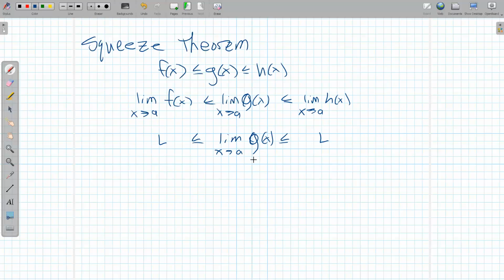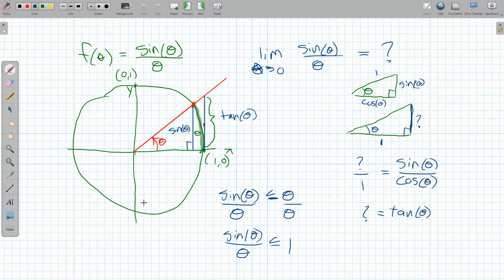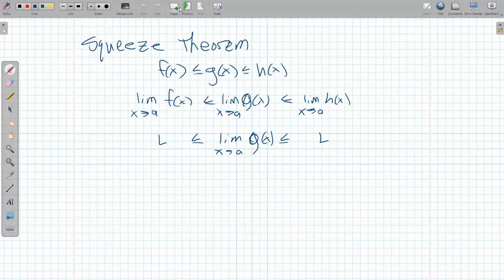So we're going to apply it to this situation. And let's see, I'm running out of room here. So I guess I'll have to redraw this on the next page.